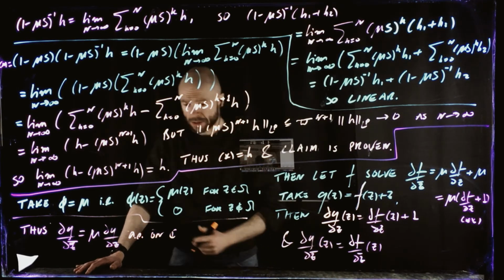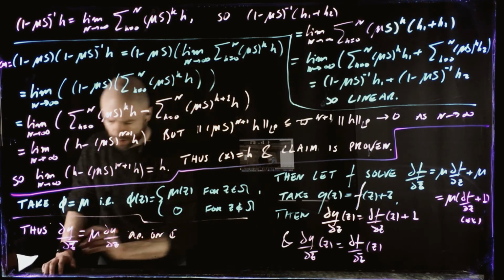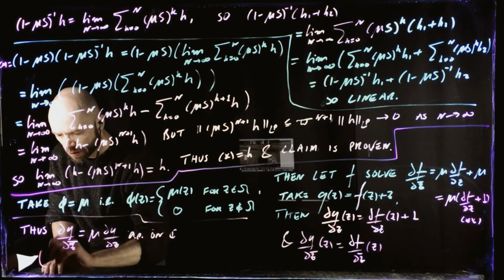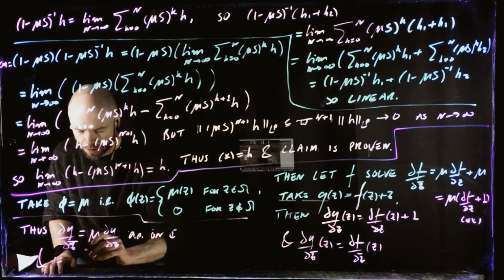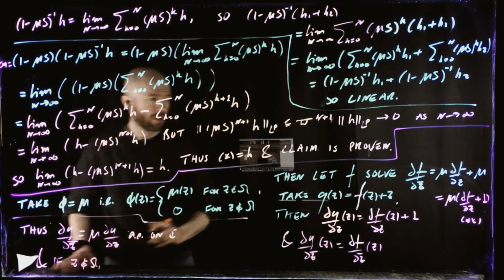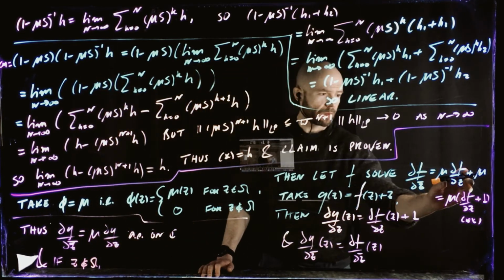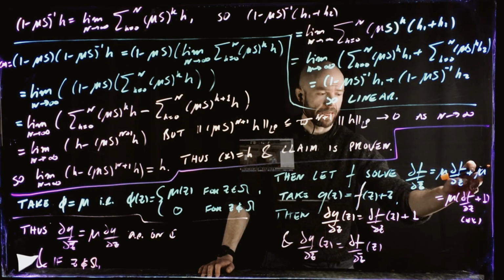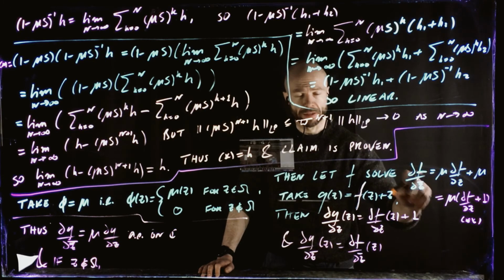And further notice that if z does not belong to omega, then from our initial equation, mu of those z's is just 0, which says that the anticonformal part of the gradient is therefore 0.